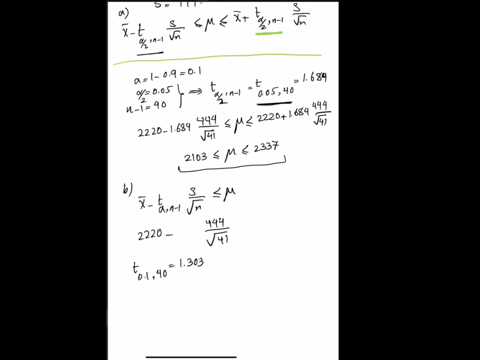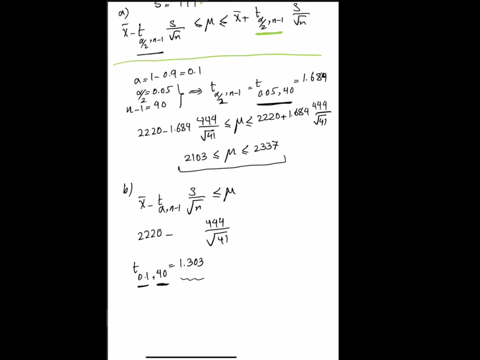Everyone else could see that? 1.303. We know the alpha, we know the degrees of freedom from the table, and all we need to do is find this t value.